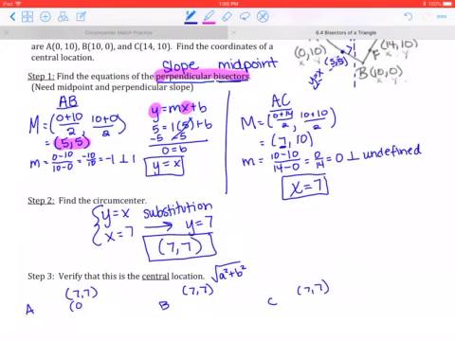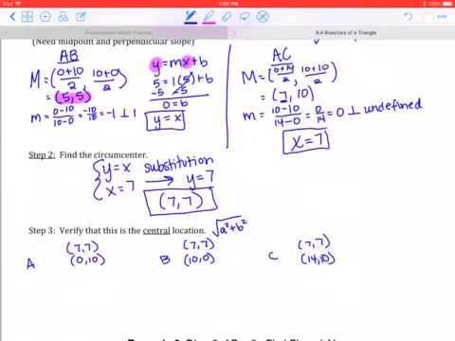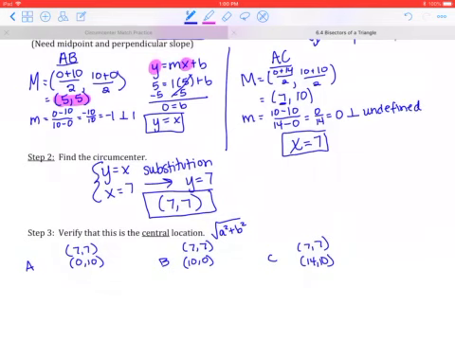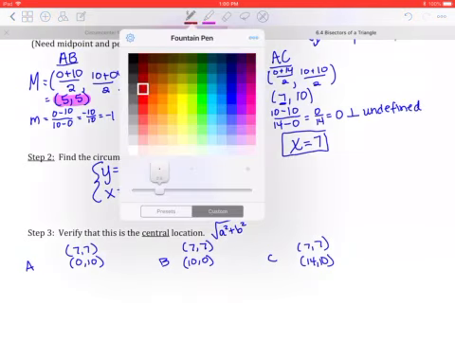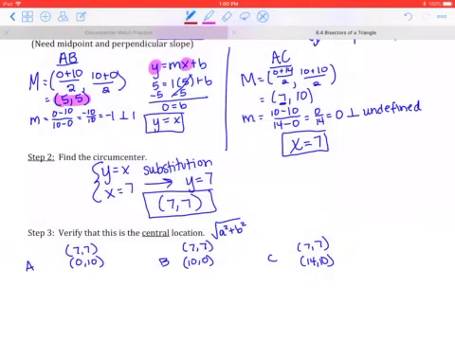So the coordinate of A was 0, 10, the coordinate of B was 10, 0, and the coordinate of C was 14, 10. So to verify that this is the central point and that it's equidistant, I'm going to look at the lengths between those points. So from the circumcenter to point A, I look at how many units are between the x values.